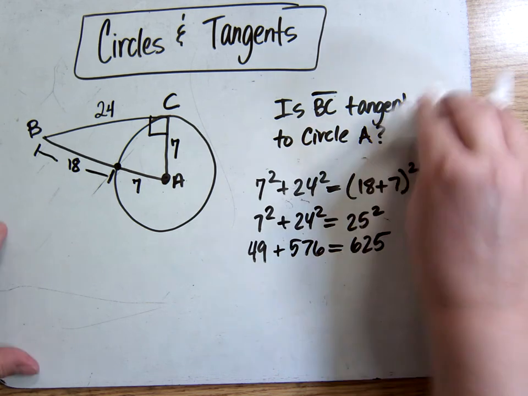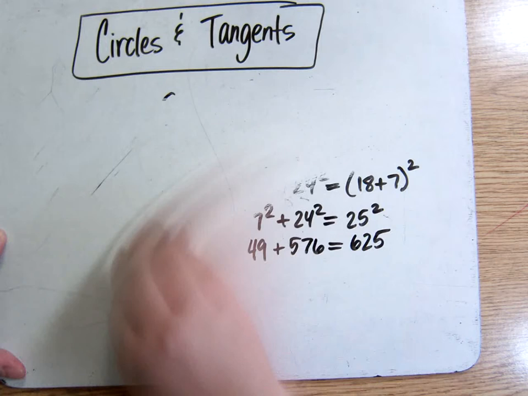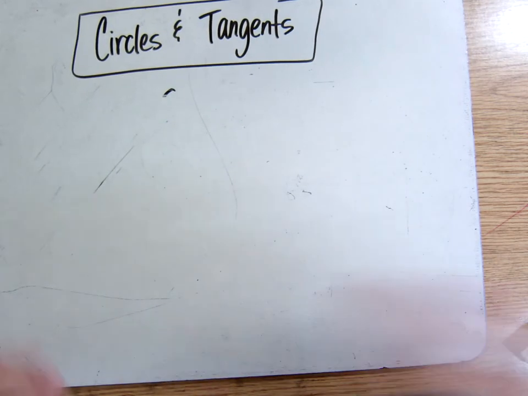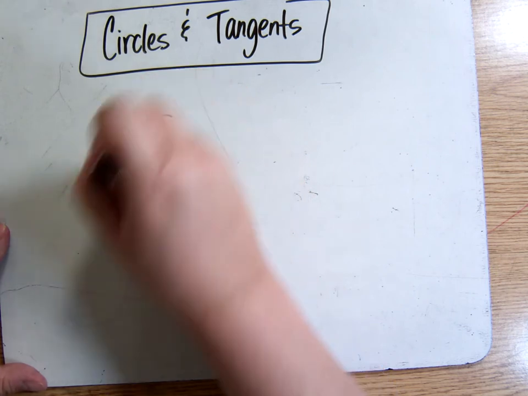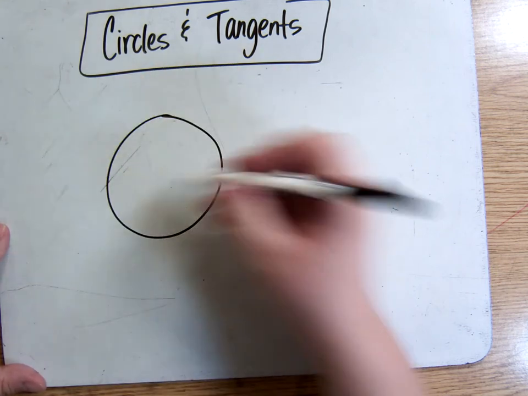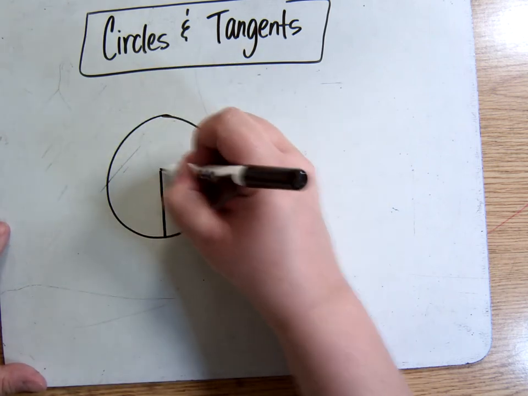All right, another question you might be asked is to find a missing length using the fact that the tangent is perpendicular to the radius. So let's say you have something like this.